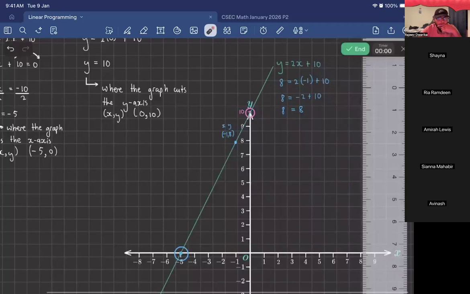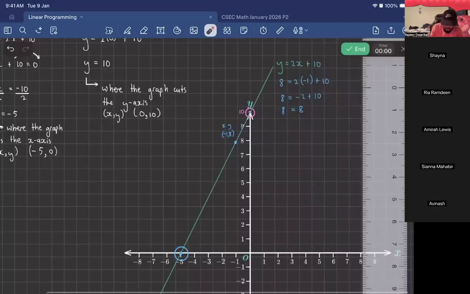Ria? If I pick a point that is directly on the line, will it be more than, less than, or will it be equal to? What do you see over here? Equal to. Amira, wouldn't you say 8 is equal to 8? Literally.